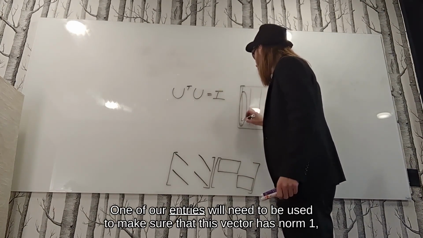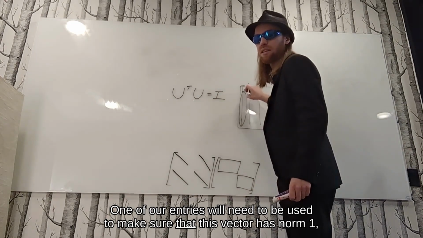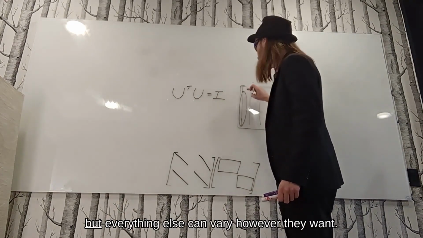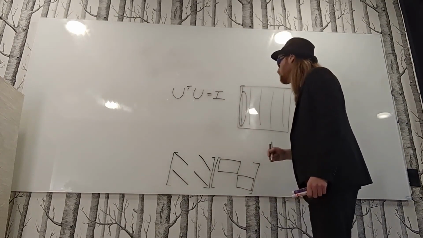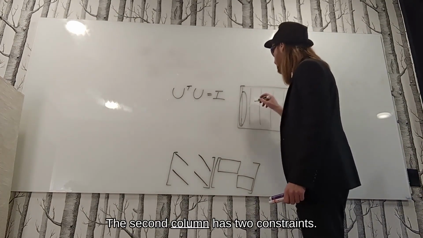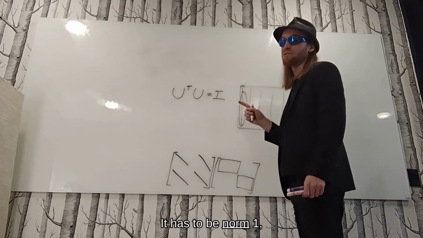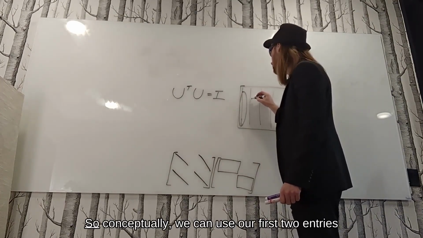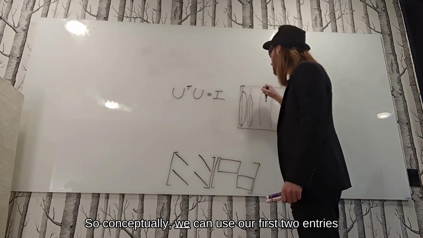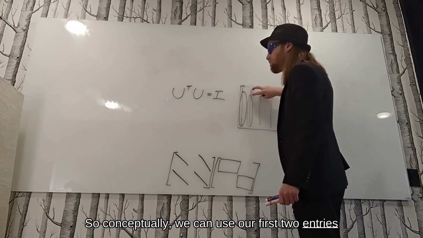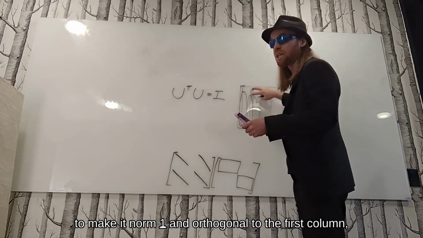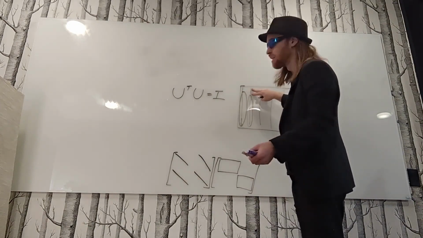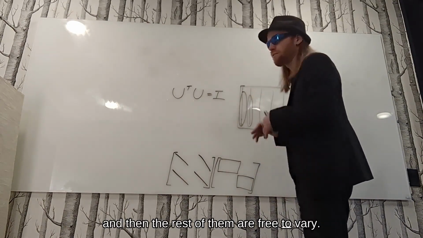One of our entries will need to be used to make sure that this vector has norm 1, but everything else can vary however they want. The second column has two constraints. It has to be norm 1, and it has to be orthogonal to the first column. So conceptually, we can use our first two entries to make it norm 1 and orthogonal to the first column, and then the rest of them are free to vary.